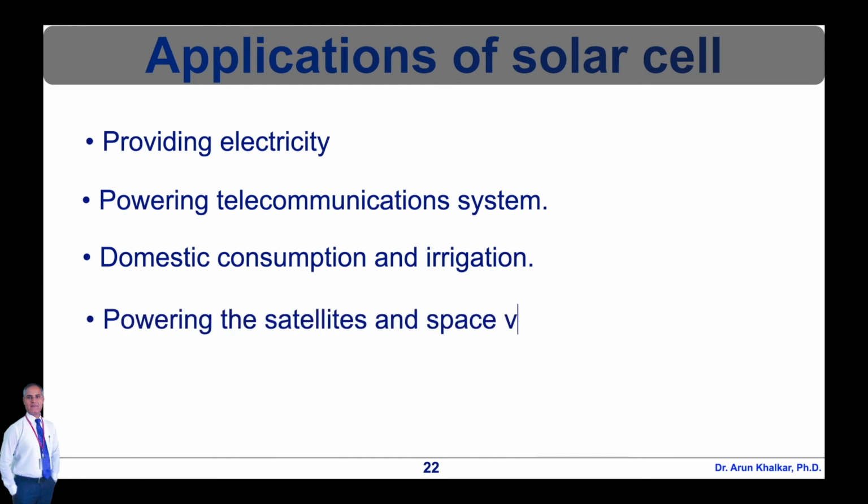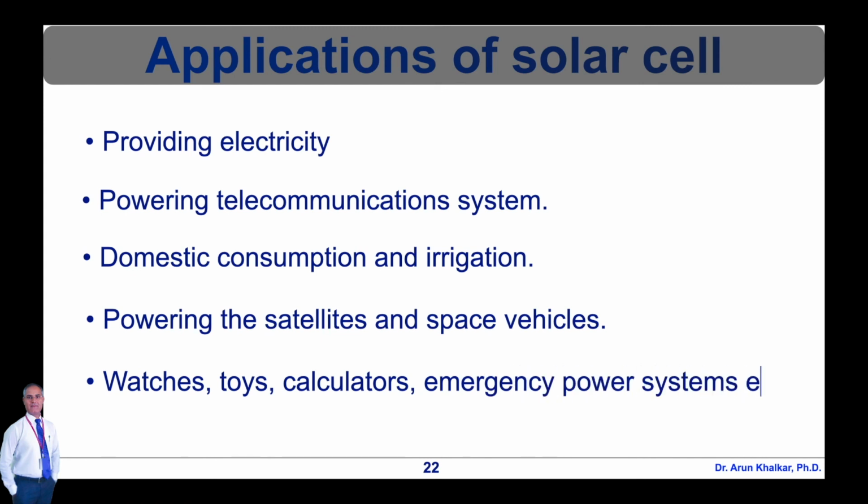In space, solar energy is used to power satellites and space vehicles. Many consumer products such as watches, toys, calculators, and emergency power systems use solar cells. So these are the several applications of solar cells.